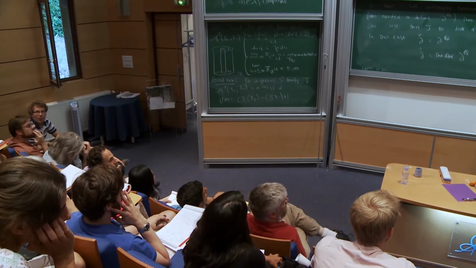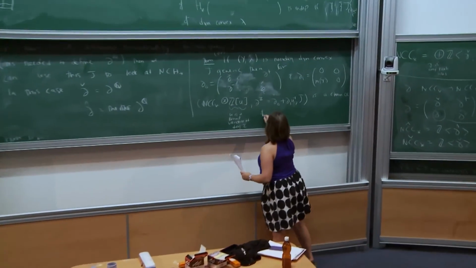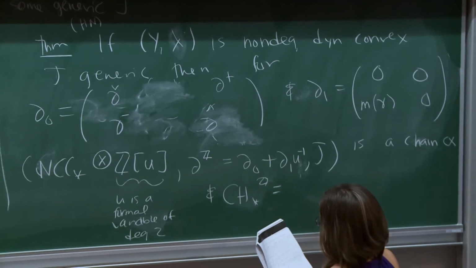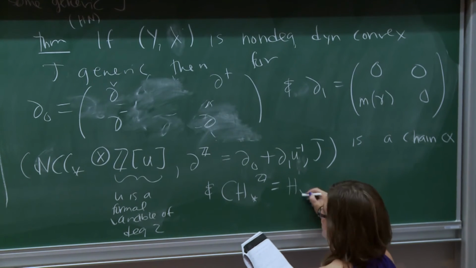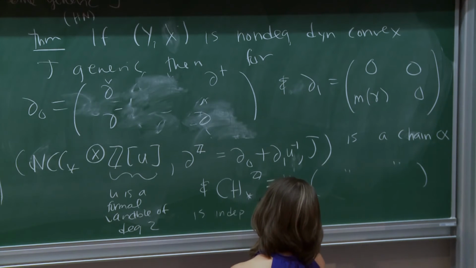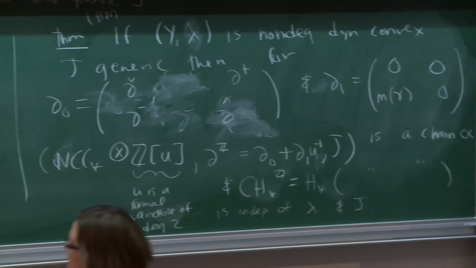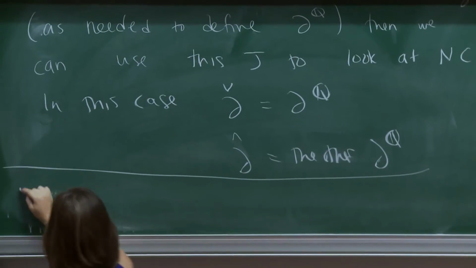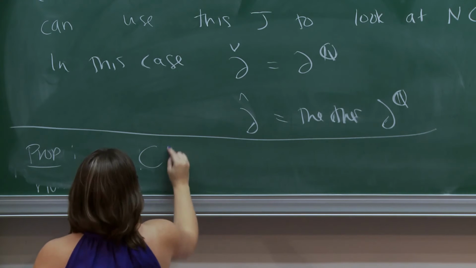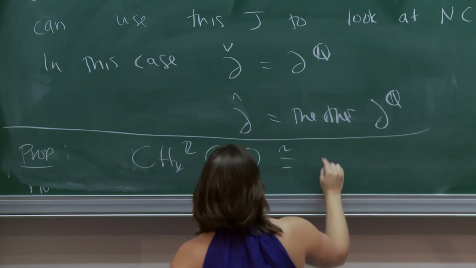Yeah. I should finish the statement of the theorem. And the homology Z of this chain complex is independent of lambda and J, and a proposition is that CH_Z tensored with Q is isomorphic to CH_Q.